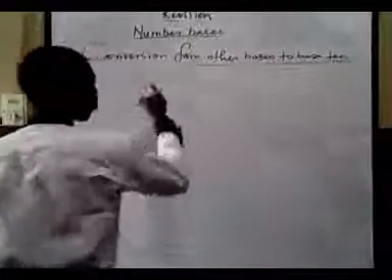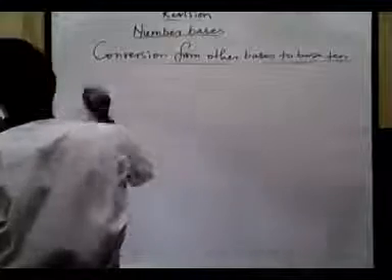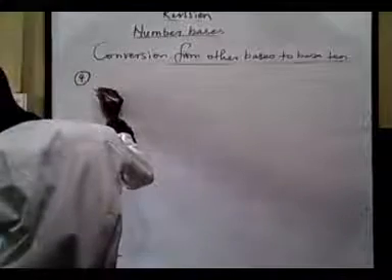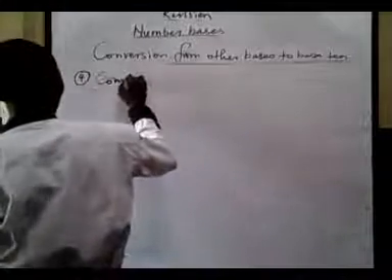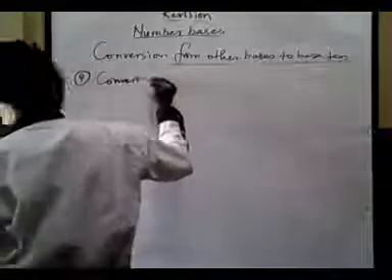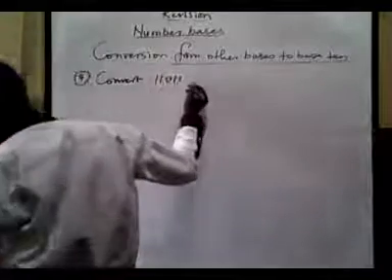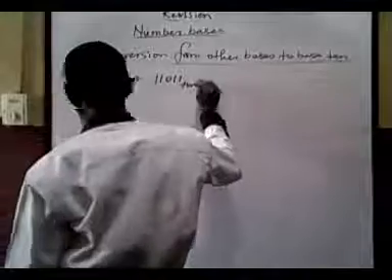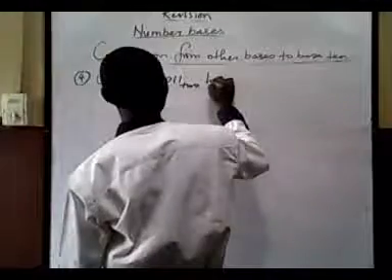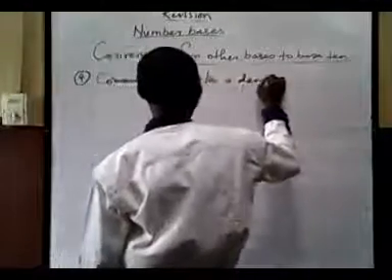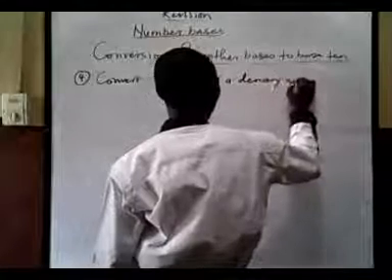So let's continue with conversion from other bases to base 10. And that's question number 4. Convert 11011 base 2 to a denary number.